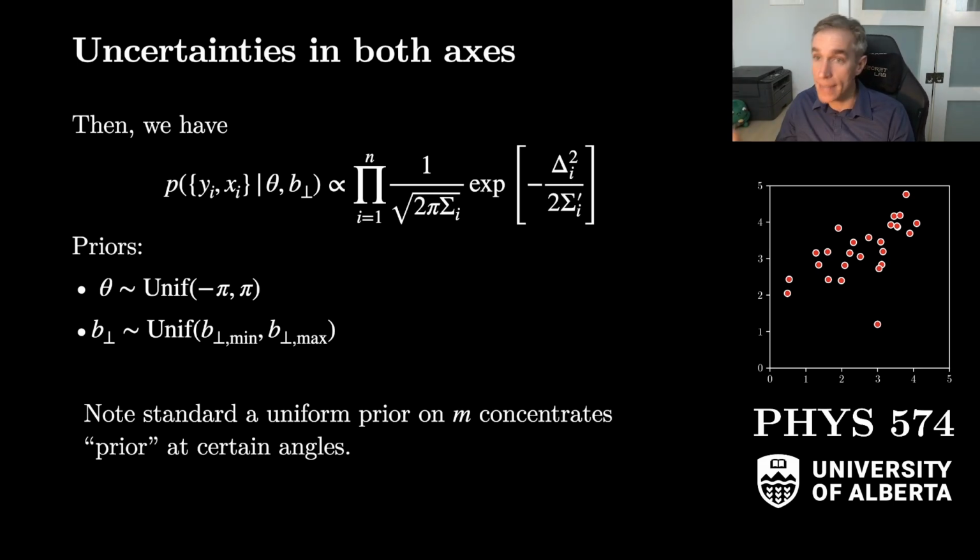So we can then set a prior on the angle of the possible lines and some range of the perpendicular offsets, b min and b max, and this gives us a nice probability density function that we can tabulate, integrate up, and identify.